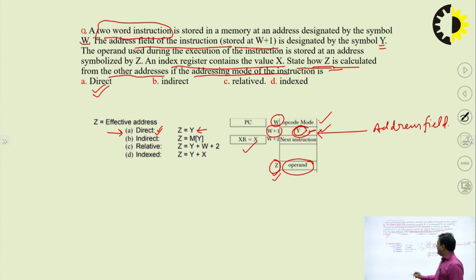Now we come to the indirect. Indirect means this Y is not directly the address.